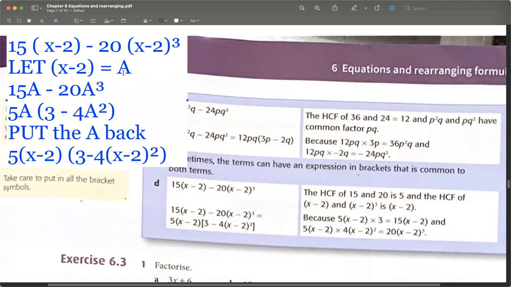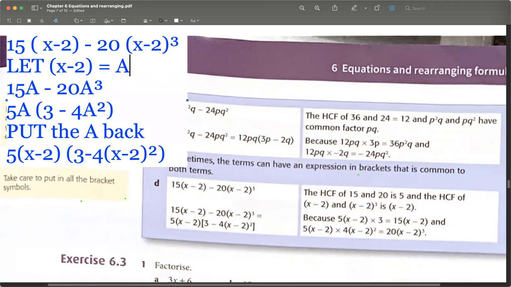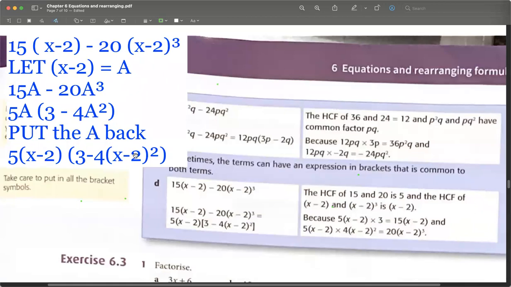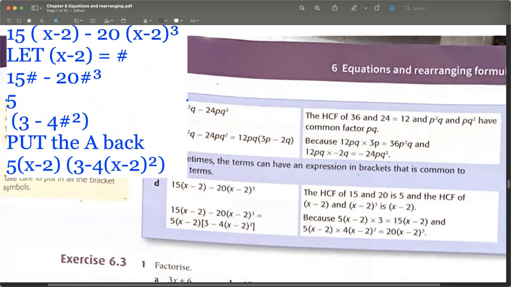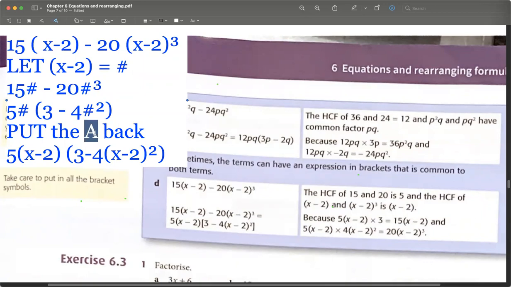I find this easier. You can let it become anything. You can let it become Z if you want. I find that the capital letter A is quite a rare unknown, so I've just put it here. You can change it to Y, Z, B, C, D, any alphabet you want. Change it to a symbol if that makes it easier for you, even a hashtag.